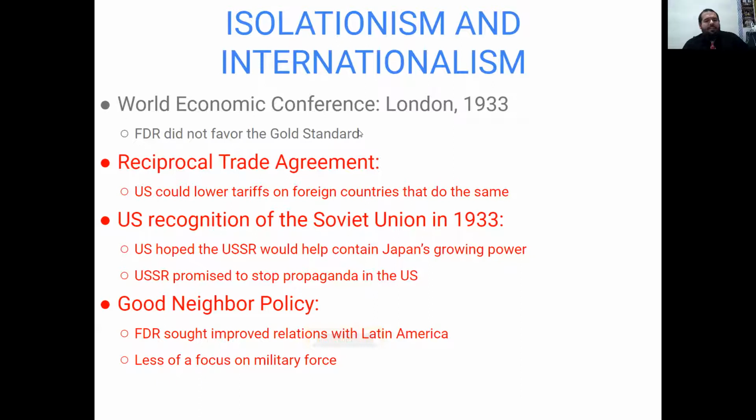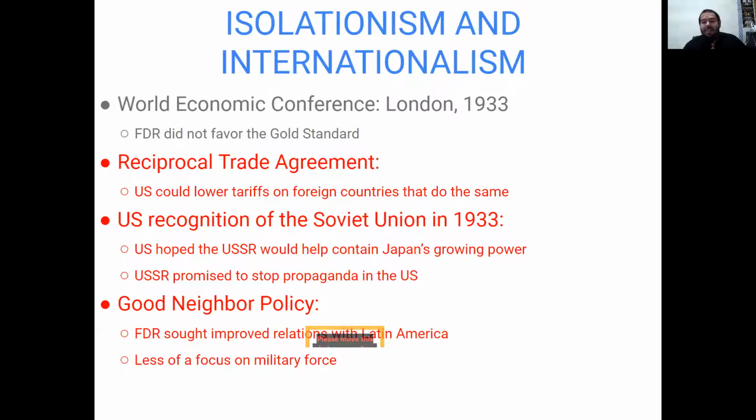Okay, you have the U.S. recognition of the Soviet Union in 1933. The U.S. recognizes Stalin's government. They hoped that Stalin and the USSR would help contain Japan's growing power because, as we know, Russia, or the Soviet Union, extends from Europe all the way across the Asian continent, and they kind of do border Japan.